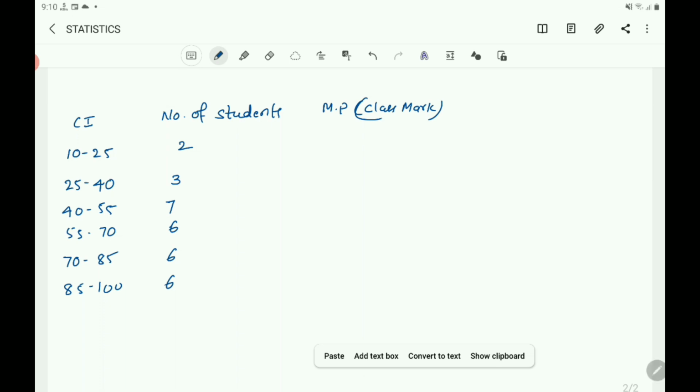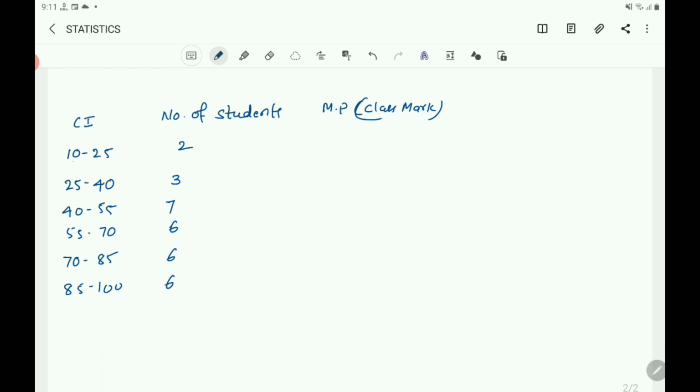Here we take them as x. The midpoint of each class can be chosen to represent the observations falling in the class. Recall that we find the midpoint of a class by finding the average of its upper and lower limit, that is, upper limit plus lower limit divided by 2.